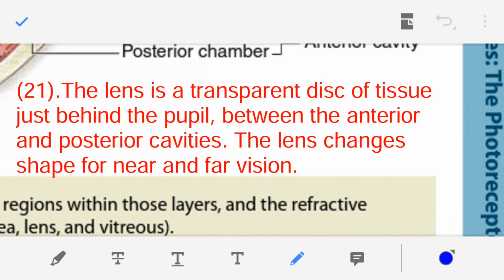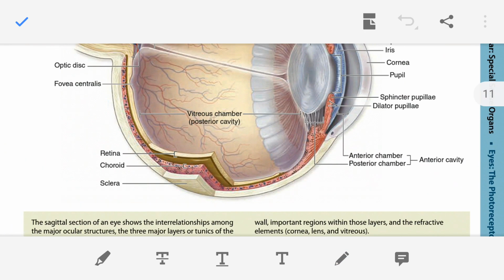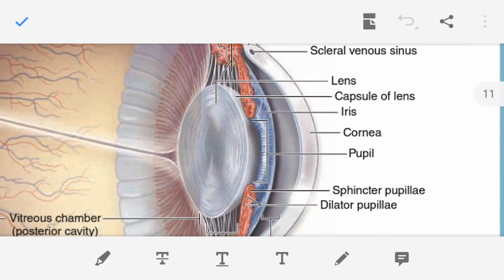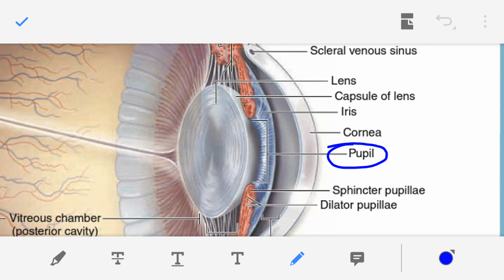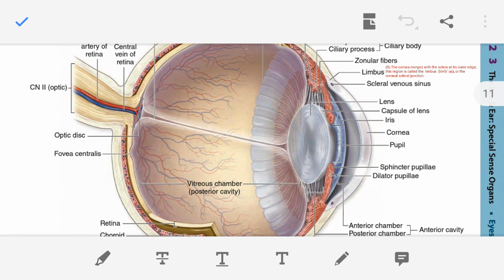What is the lens? The lens is a transparent disc of tissue present behind the pupil. Here this part is the pupil, and behind the pupil, as you can see, the lens is present.